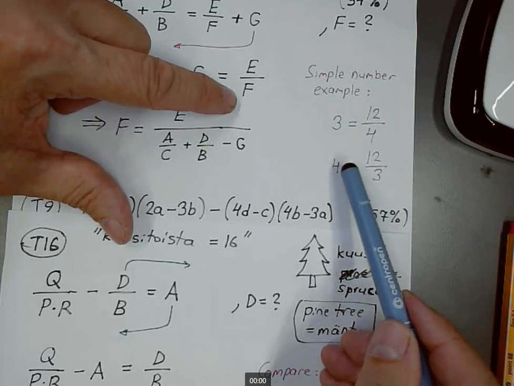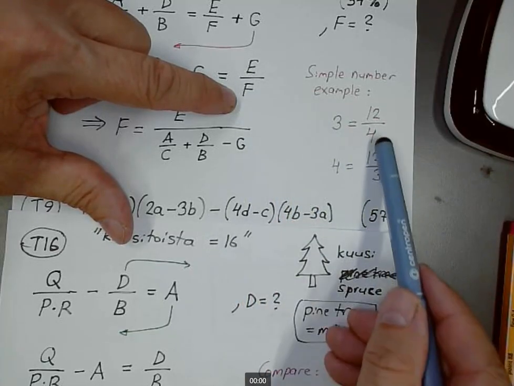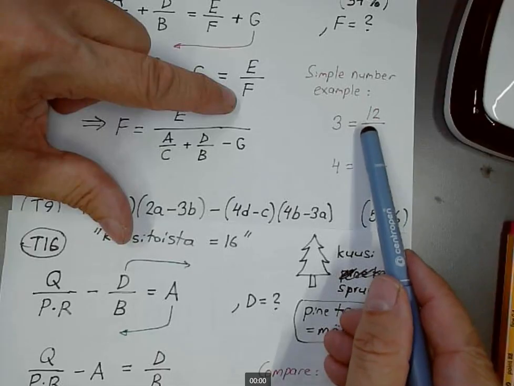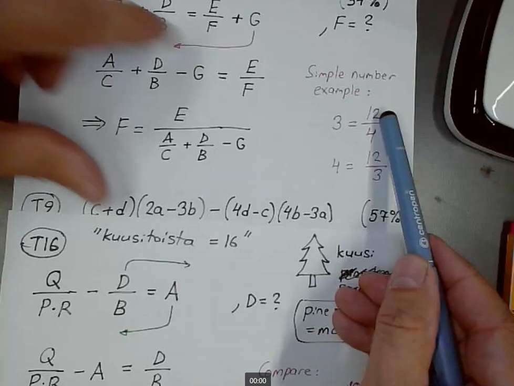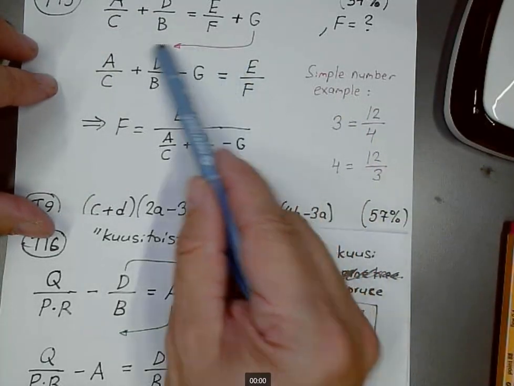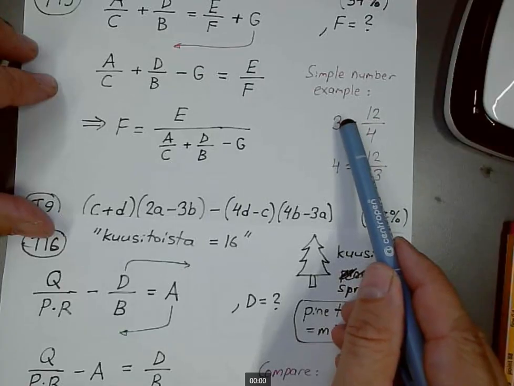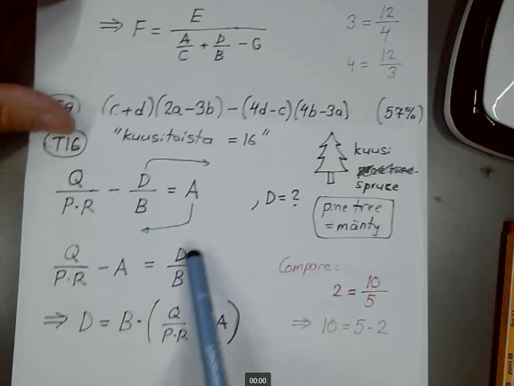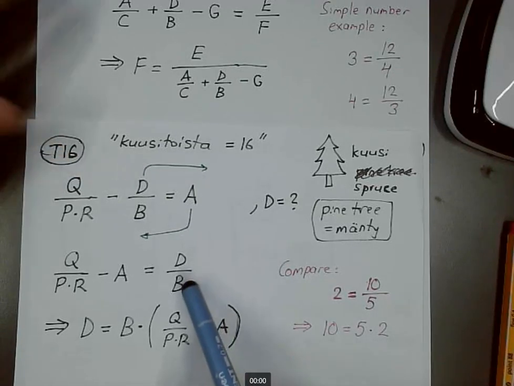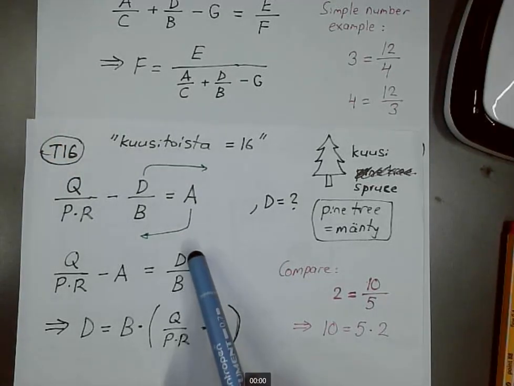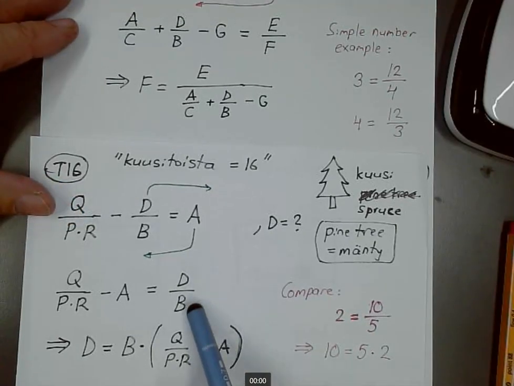So in this case, this unknown f, we get it by dividing the upper part of the right-hand side with the left-hand side, 12 divided by 3. But in problem 16 we have the unknown in the top part, not in the bottom part.